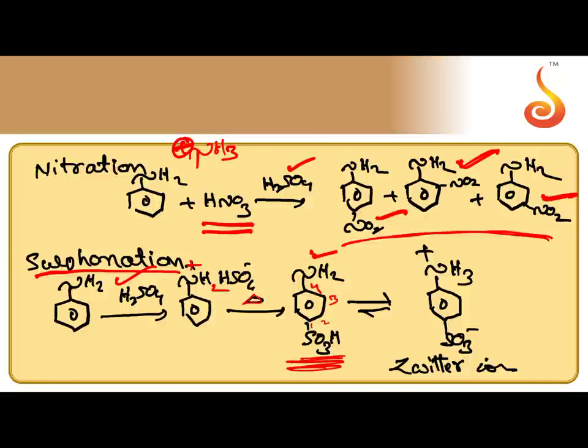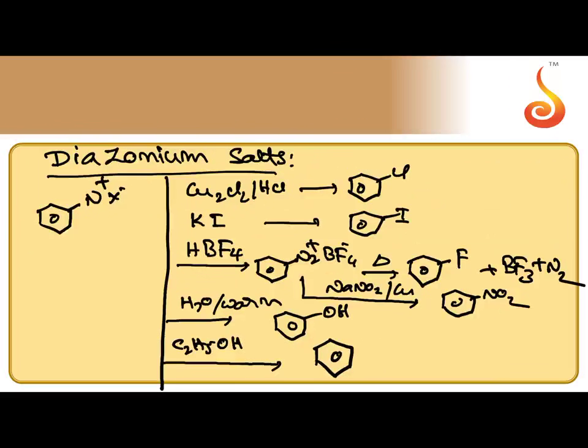Since both an acid group and a basic group are there, H+ is transferred from SO3H to NH2 to give a Zwitter ion. This is a Zwitter ion, an ion which has a positive charge as well as a negative charge. Generally an ion may have a positive or negative charge, but here two charges are there in the same species. That's why it is called a Zwitter ion or inner salt.